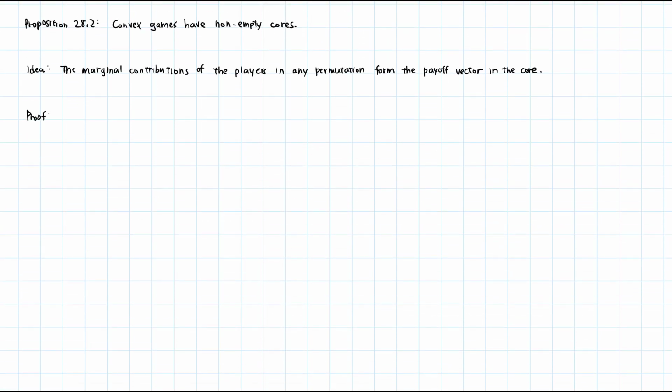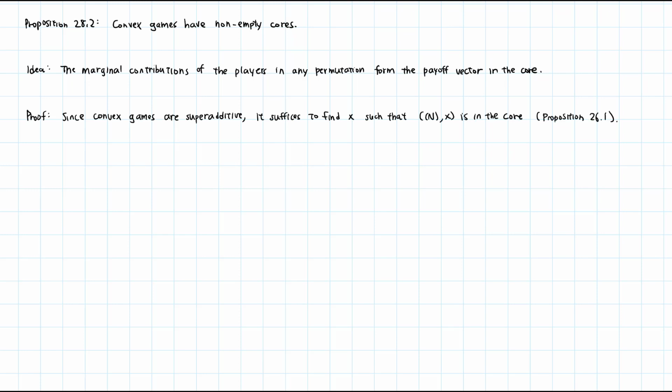So here is our proof. Since convex games are superadditive, it suffices to find an x such that x(N) is in the core. So we only need to consider the grand coalition. Let sigma be any permutation of N. Without loss of generality, we may assume that sigma is equal to 1 to n.